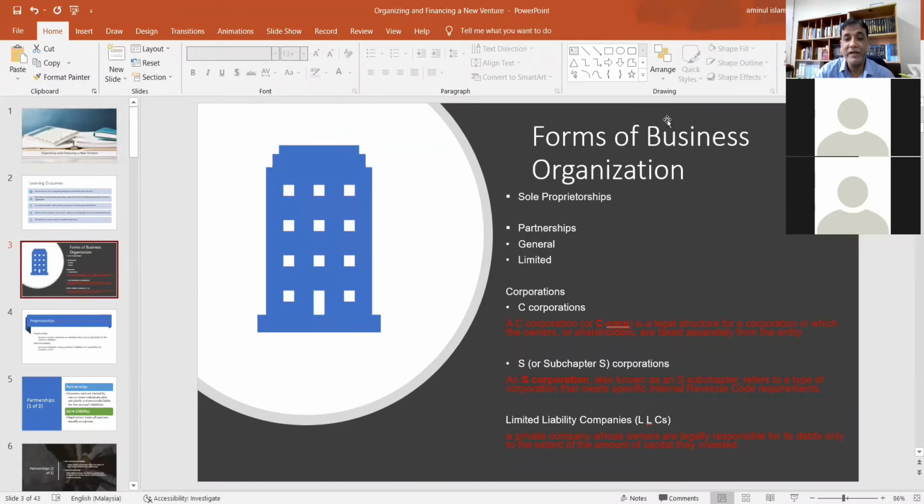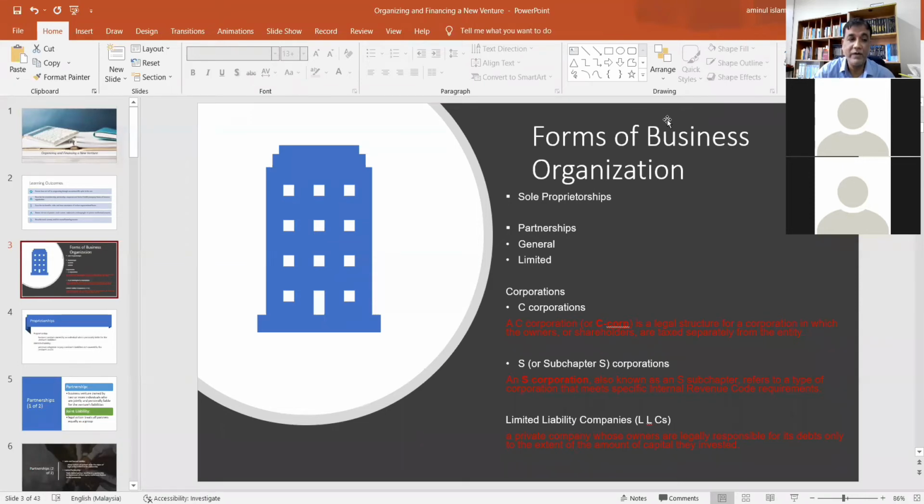Okay, there are various kinds of organization forms available. Number one is sole proprietorship. Number two, partnership. And then we have corporations, but again, corporations can be divided into three different categories: C corporations or C Corp, S corporation, which you call subchapter S, and limited liability corporation or LLCs.